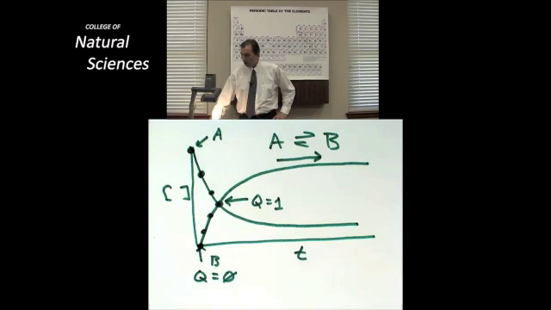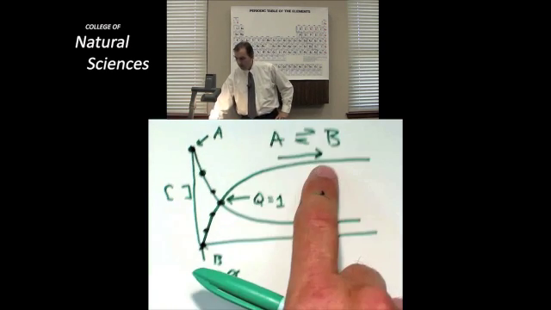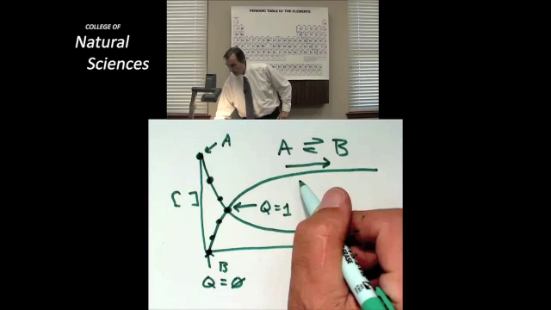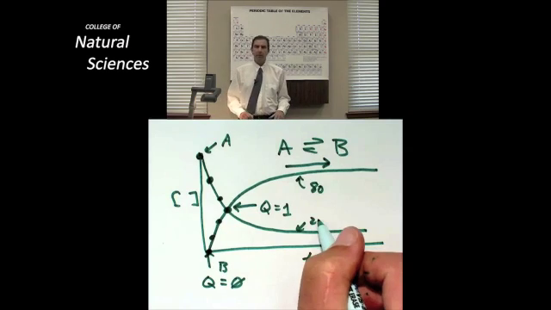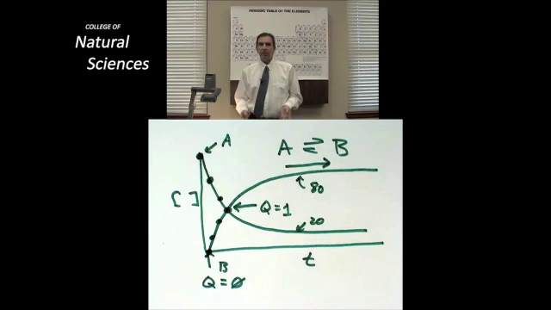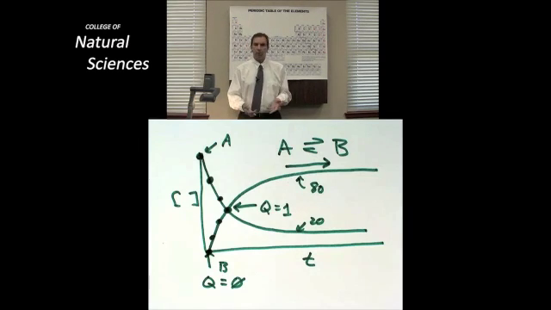At some point, though, I notice that nothing's happening. Right about here, I made about 80 B's and 20 A's. And then about 5 minutes later, it was still 80 B's and 20 A's. An hour later, 80 B's and 20 A's. 3 years and 6 minutes later, 80 B's and 20 A's.